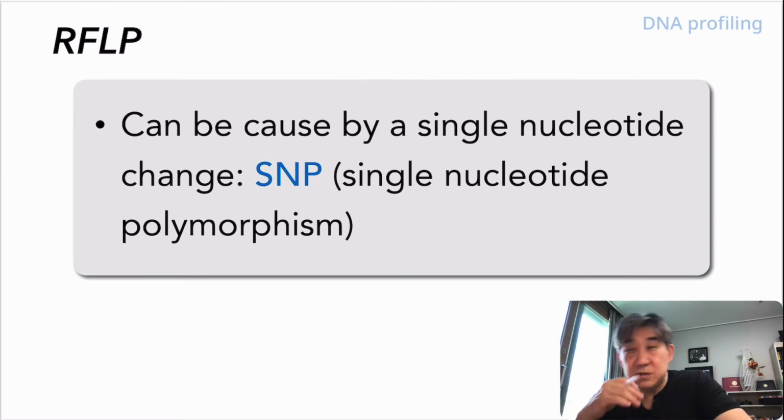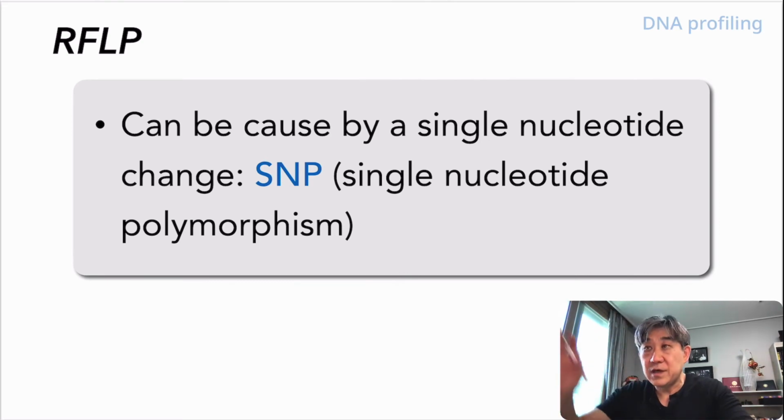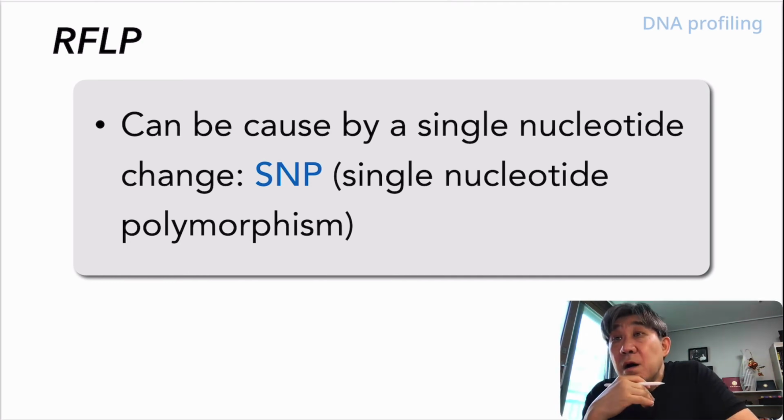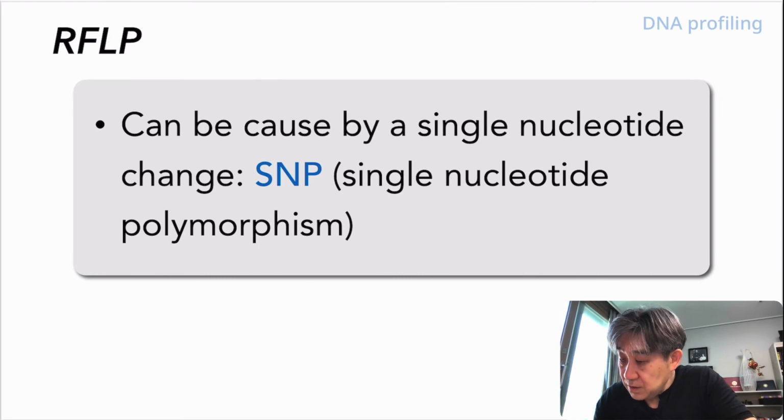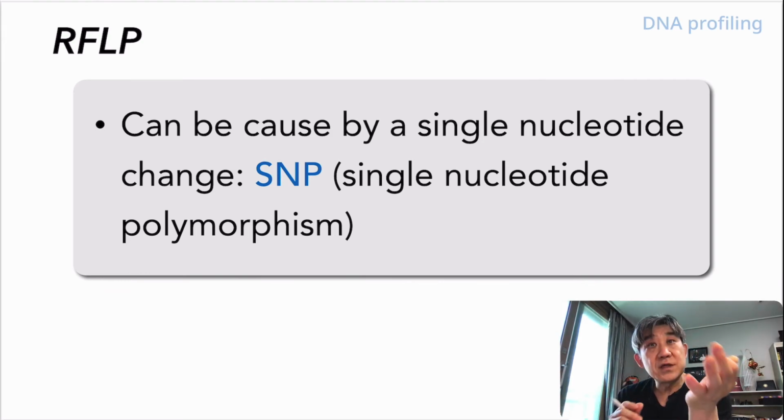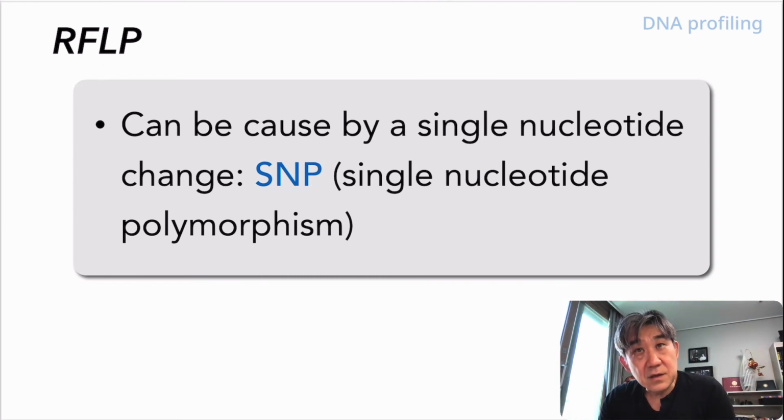In these days of the DNA sequencing era, a lot of scientists mention this terminology SNP, which simply stands for single nucleotide polymorphism, polymorphism generated due to only a single nucleotide alteration. That is what a SNP is.